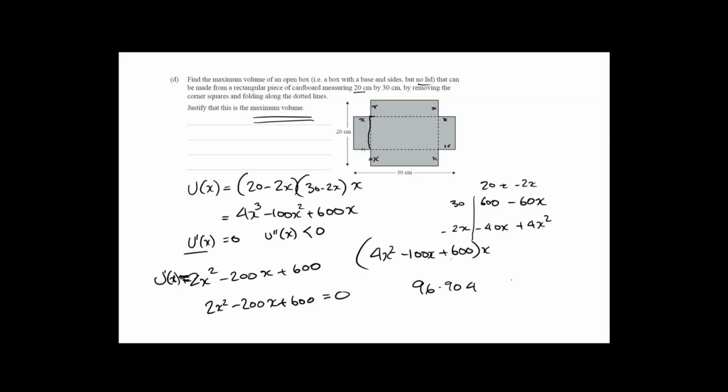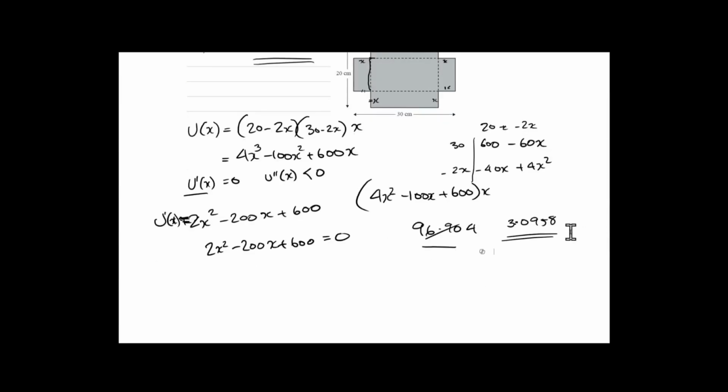Okay, so if this is 20 across from here to here, 96.904 is obviously not going to be our maxima here. So x is not going to be there. So it's going to be here, 3.0958 business.